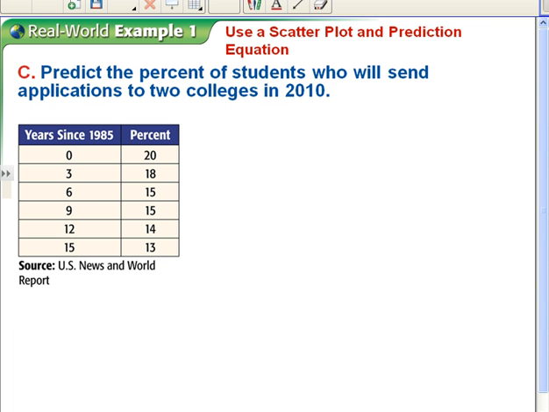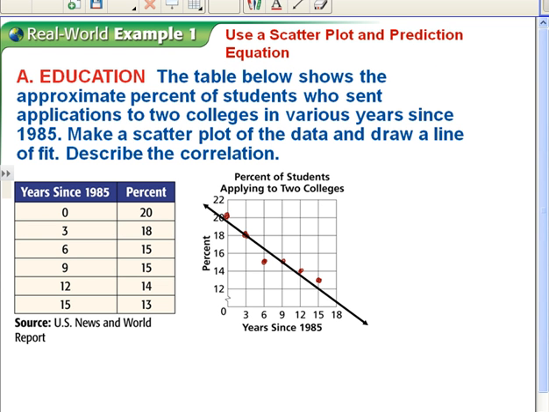Predict the percent of students who will send applications to 2 colleges in 2010. Well, we need to go back and look at our line. And first of all, where is 2010? How many years past will it be? So 1985 is 0.